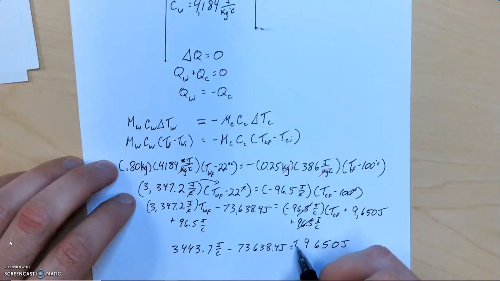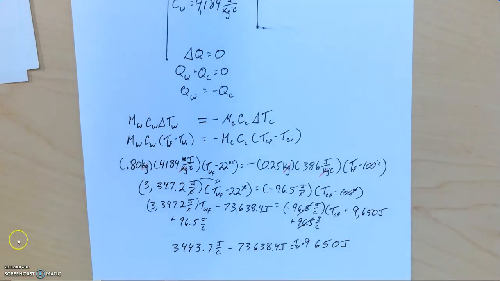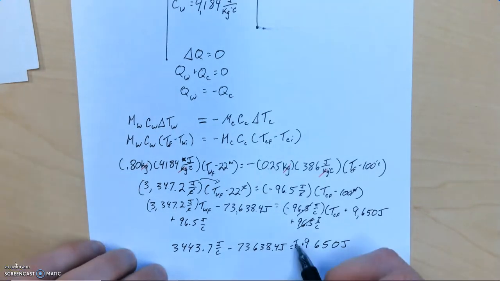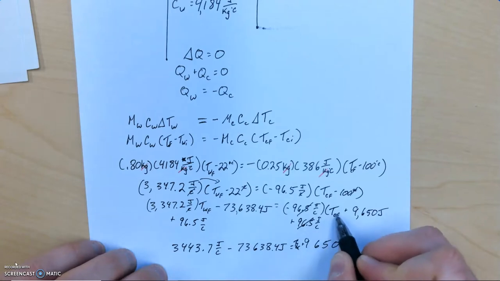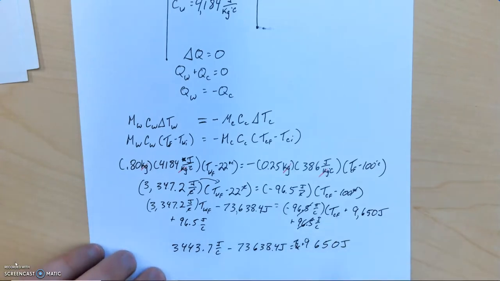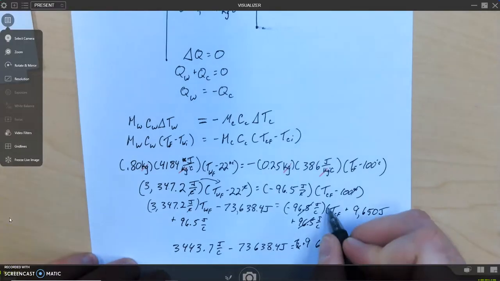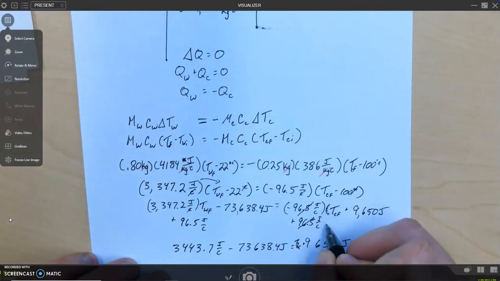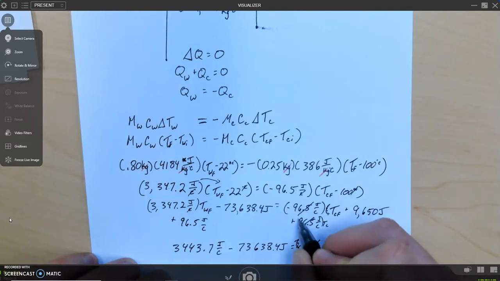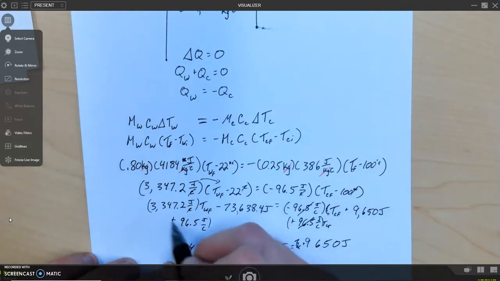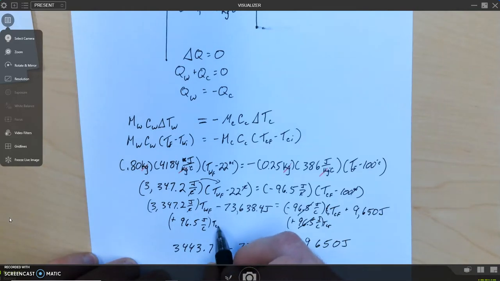Oop, forgot, I messed up. This doesn't go here because this follows over there. Sorry, this parentheses is not supposed to be there. That's supposed to go over here. So those go together.